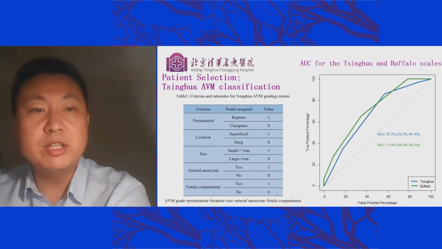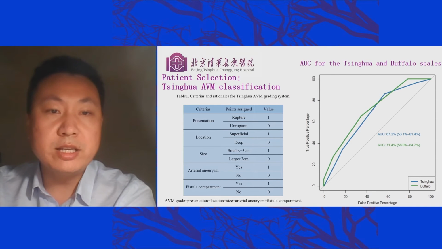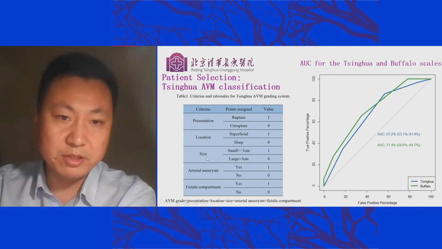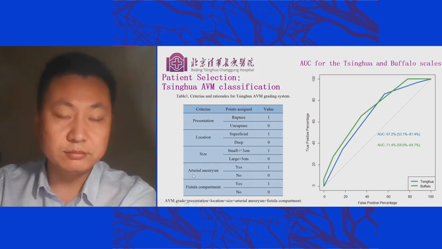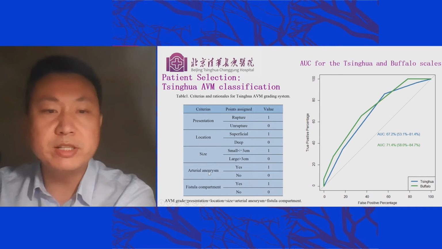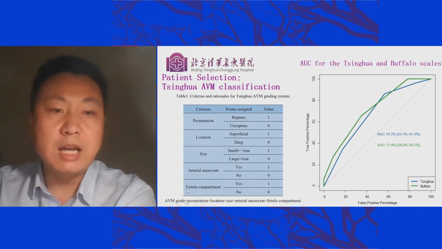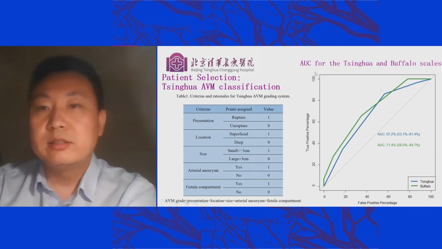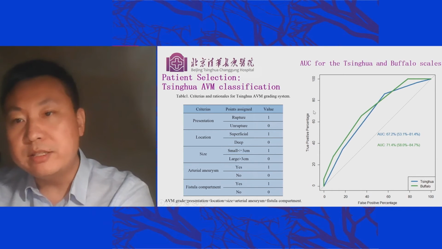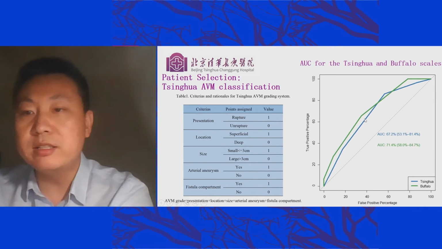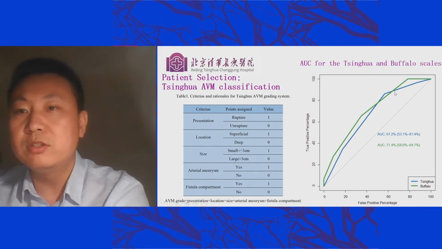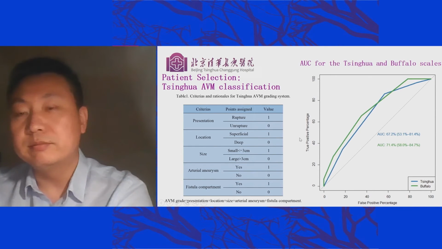This grading system includes AVM presentation, ruptured or unruptured, AVM location, superficial or deep, AVM size, small or large, coexisting arterial aneurysm, yes or no, and high-flow fistula component, yes or no. The Tsinghua AVM grading system can predict complete AVM occlusion as well as the Buffalo grading system.